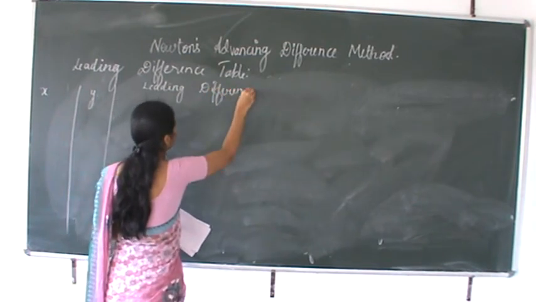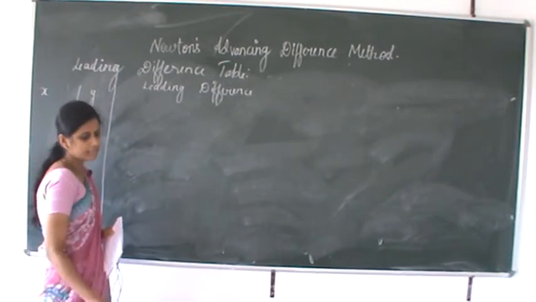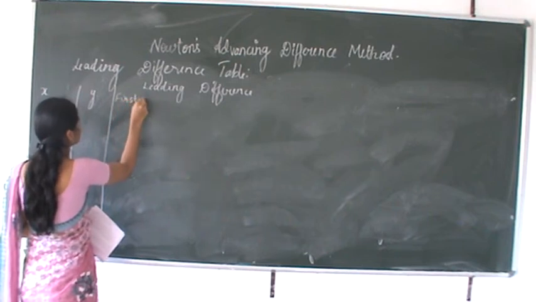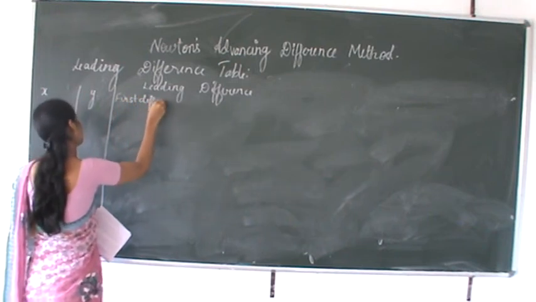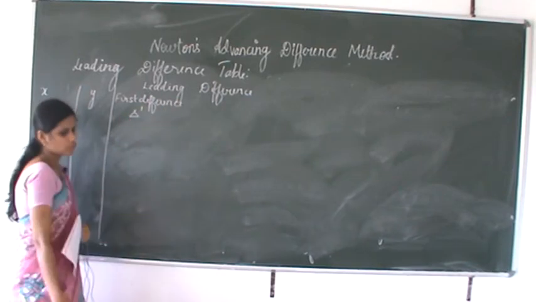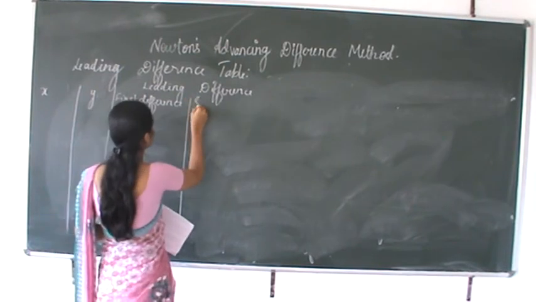Leading difference. In that, up to known values of y we are going to write. That is first difference. First difference is written as delta raised to 1. Next, second difference.